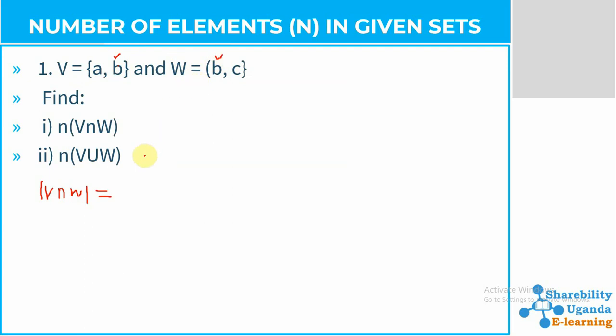So we have identified the element B. They now want us to find the number, which simply means find out how many they are. We can see we have only one element. So this is going to be the answer for Roman numeral 1.